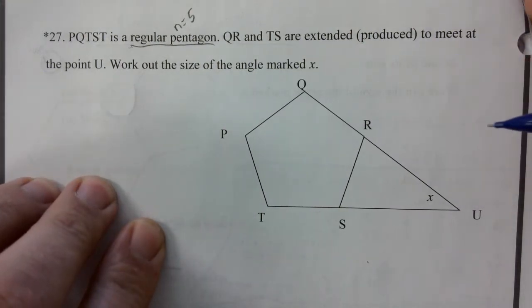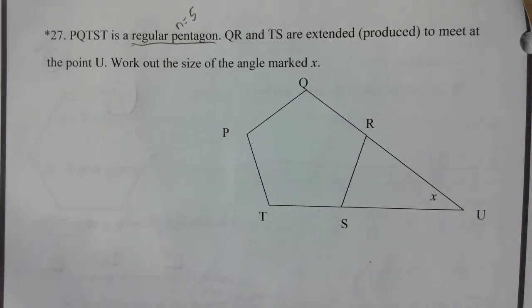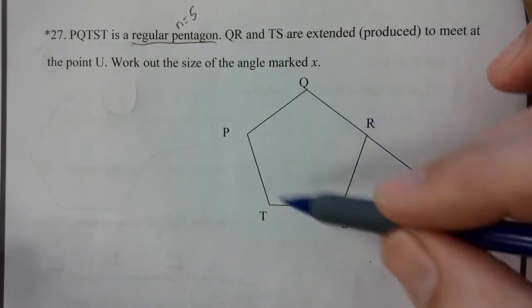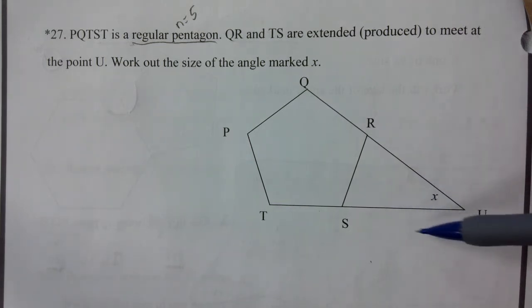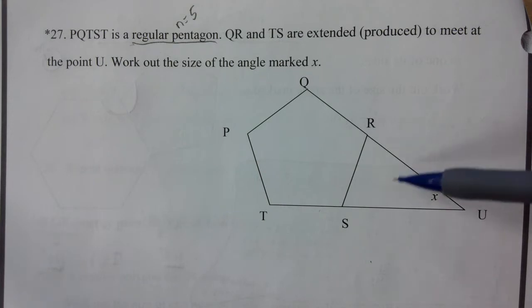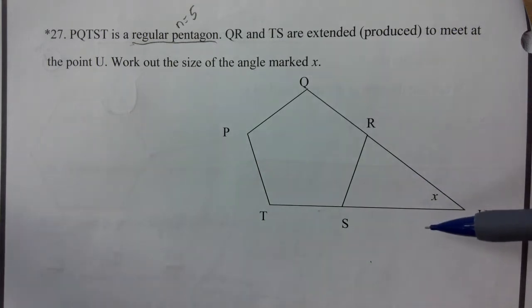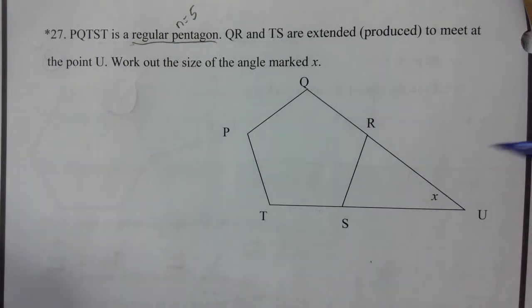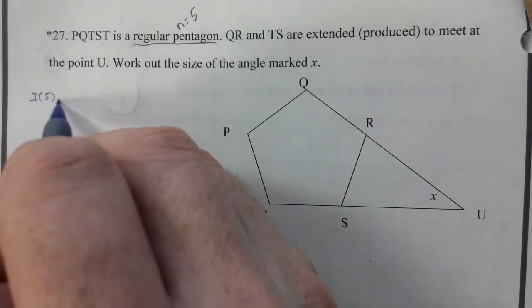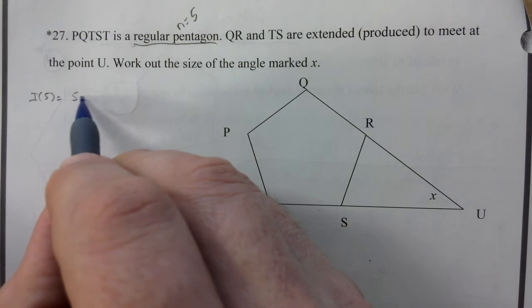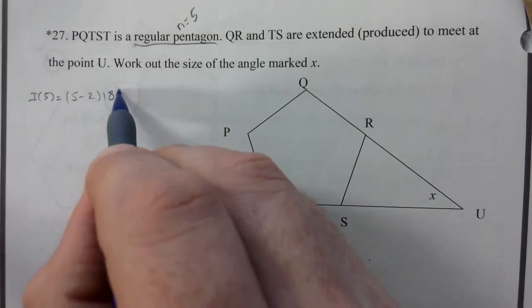Again, what are we going to start with? There are no numbers. So you start with the interior angle of the pentagon. Okay. Do not start with the interior angle of this because we don't know if this is an equilateral, right? We don't know that. But we do know that this is regular. So the interior angle of a pentagon, you already know this, right?